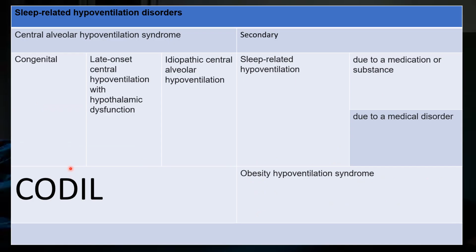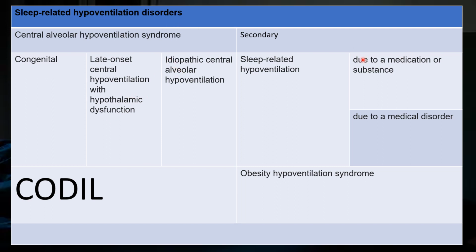The fourth subheading includes the sleep-related hypoventilation disorders. It can be due to central causes or secondary to some other causes. The central alveolar hypoventilation syndrome can be either congenital, late-onset central hypoventilation with hypothalamic dysfunction, or idiopathic.